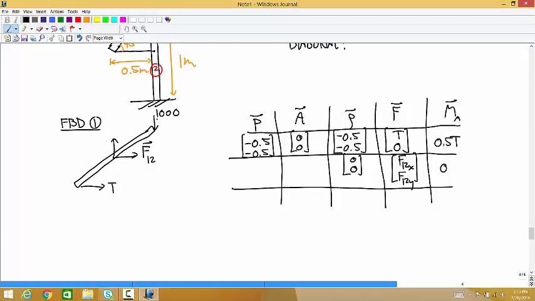And then the 1,000 is at positive 0.5, positive 0.5. So the row vector is positive 0.5, positive 0.5. The force vector is 0, negative 1,000. And the moment is negative 500.